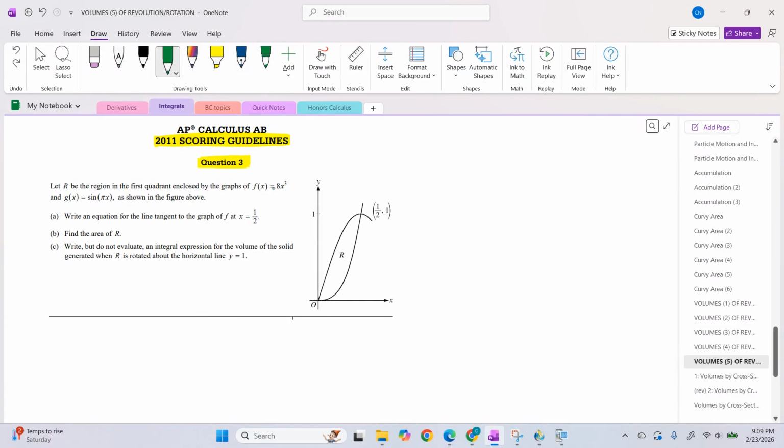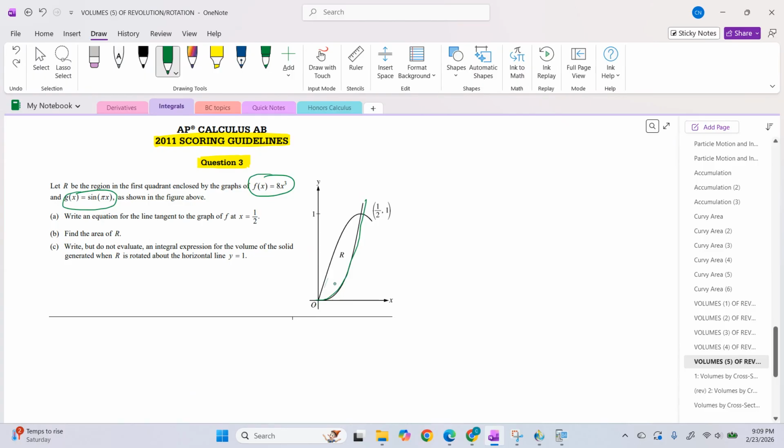Alrighty, what are we even doing here? We're taking 8x cubed and sine of pi x, the region enclosed by that. How do I know which is which? If you were doing this in class, you'd be doing this in your groups, and the first thing you all would have to do is decide which is which. Hopefully you can see here that the function that's concave up like this, only a cubic would look like that.